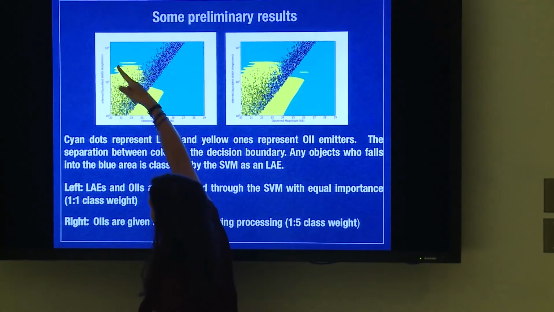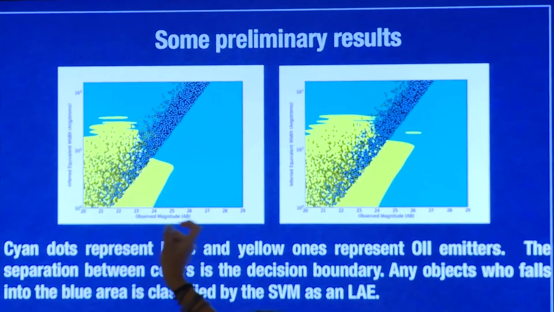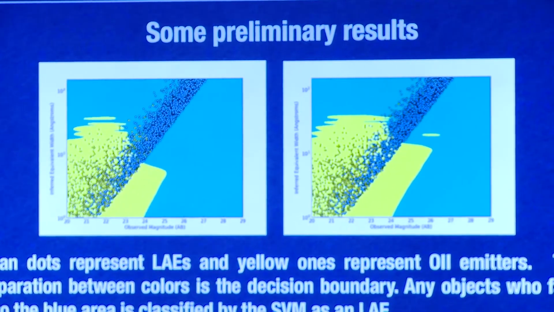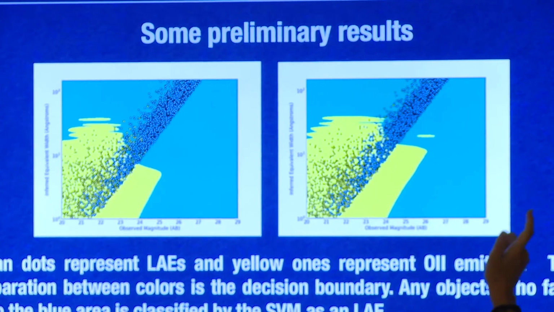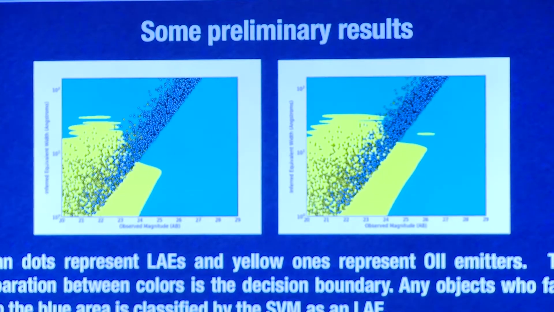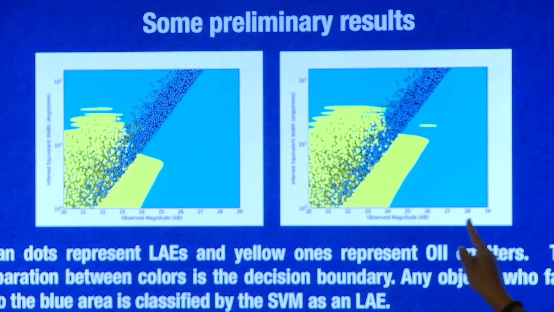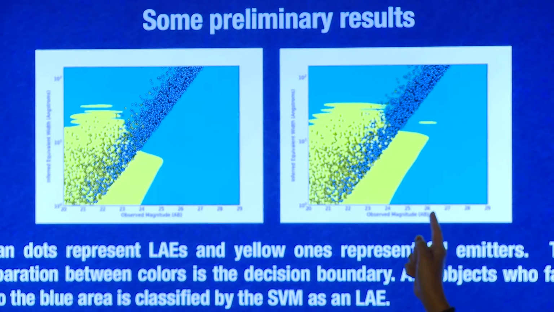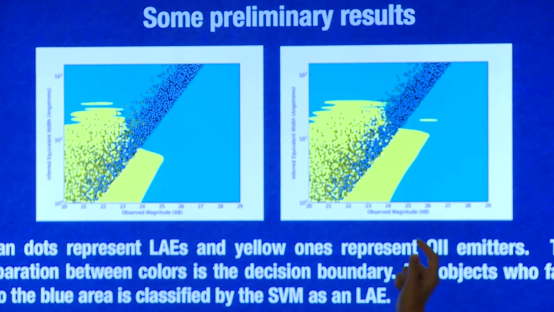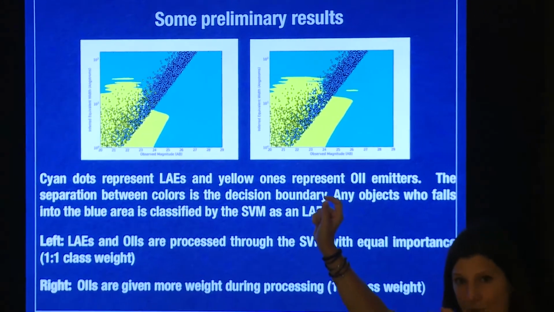And here you have the equivalent width, assuming that each one of them is an LAE, and here we have the continuum magnitude. The data are the same in both cases, but this shows you the difference between using an equal class weight, and in this case, a class weight of 5 for O2 emitters, meaning that you are giving a 5 times higher penalty to misclassifying an O2 as an LAE.